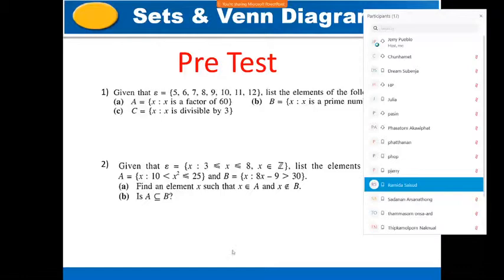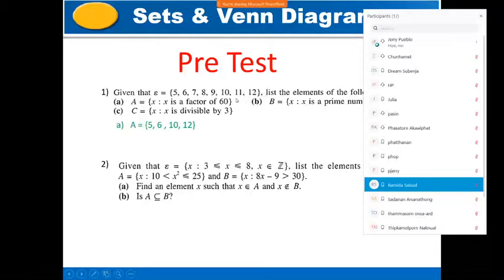We have 5, 6, 10, and 12, right? Because it's a factor of 60. That's why 5 times 12 is 60. 6 times 10 is 60. Only here, we cannot make a 30 and 2 because there's no 2 and there's no 30, which is also a 60.